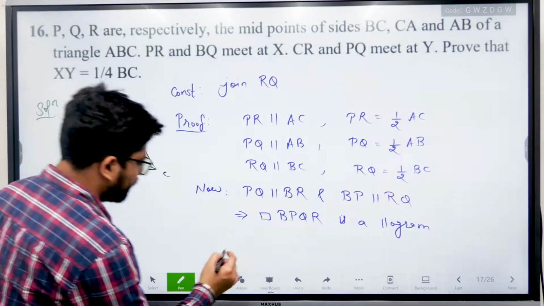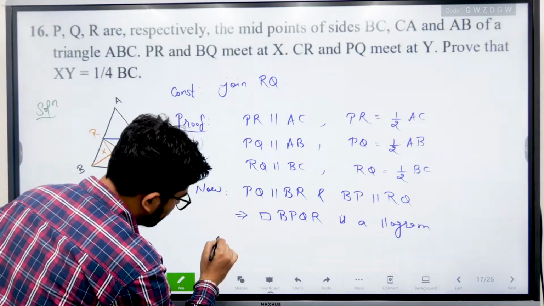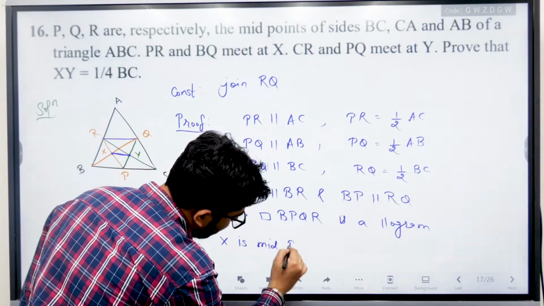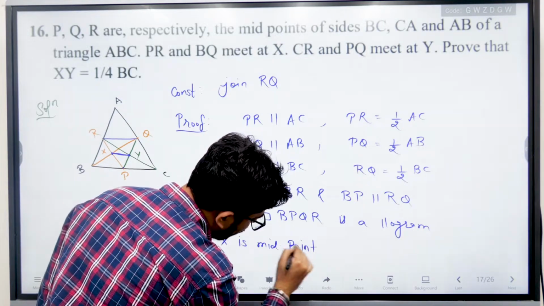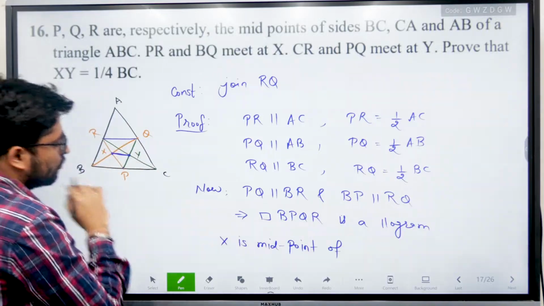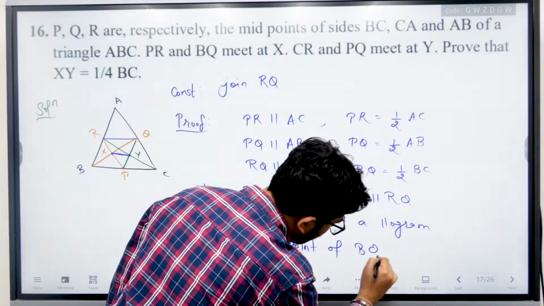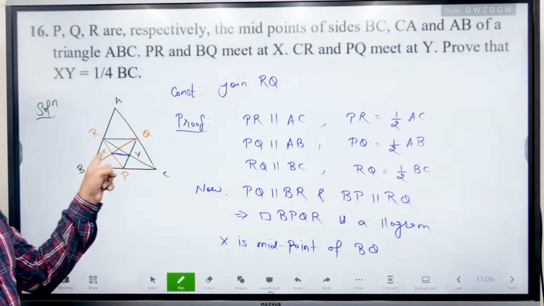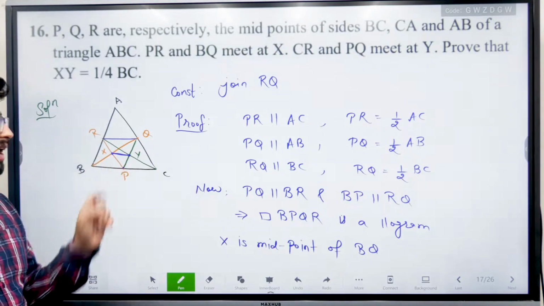So we can say X is the midpoint of BQ. Yes. Why is X the midpoint of BQ? We know that the point of intersection of diagonals bisects each other.